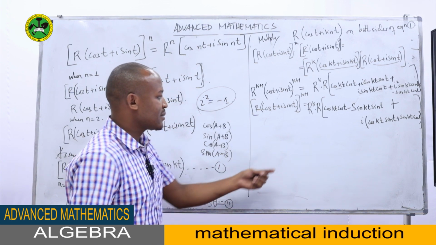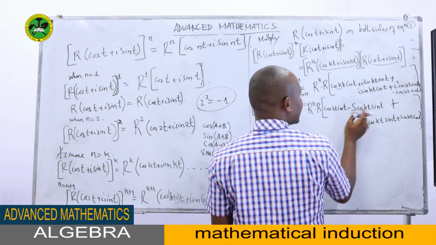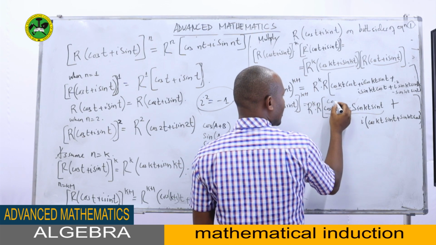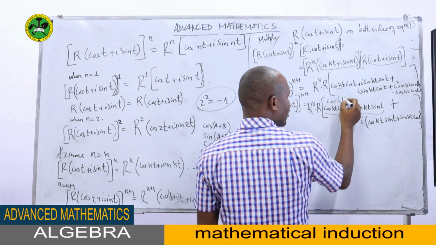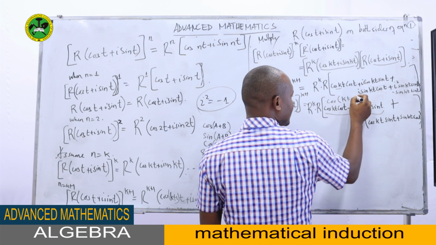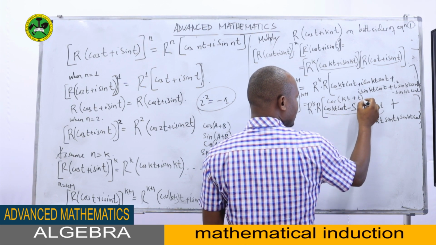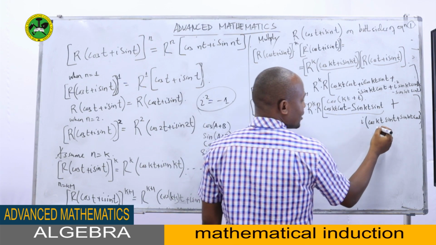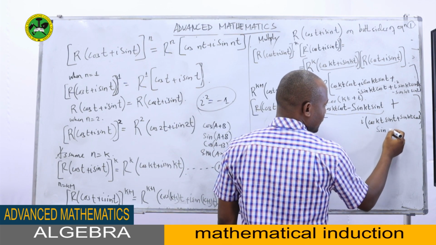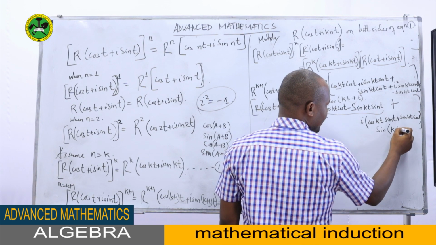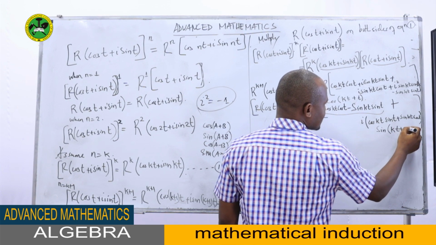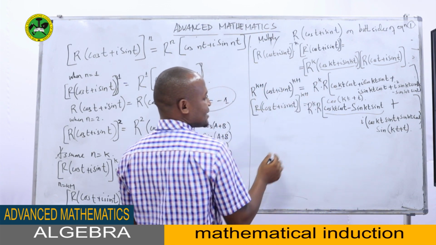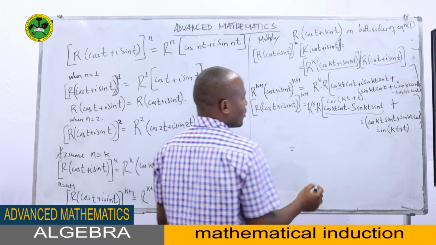And if you look carefully, you will find that this thing here equals cos of what? Of kt plus t. And if you look carefully at that thing there, you'll find it is a sine of what? kt plus t. Now let's simplify that so that it can look much more simple.